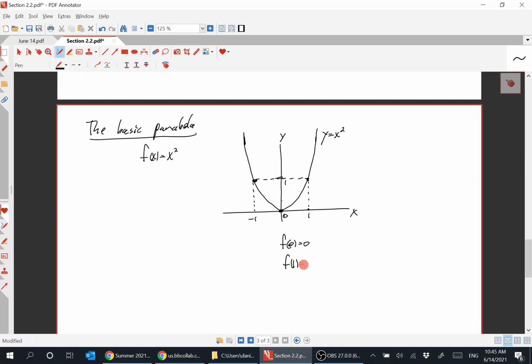F of 1 is equal to f of negative 1 is equal to 1 squared. F of 2 is equal to f of negative 2 is equal to 4. I have not drawn it to really show that, but it's going to be way up here. It's going to be ugly looking. I'm not going to do that.